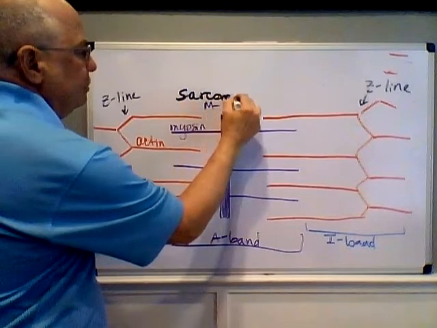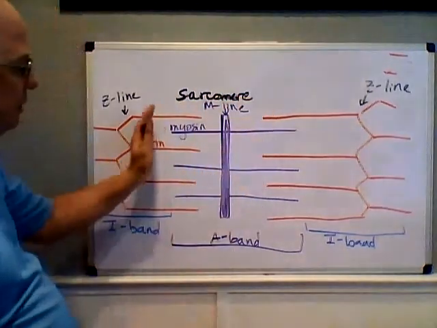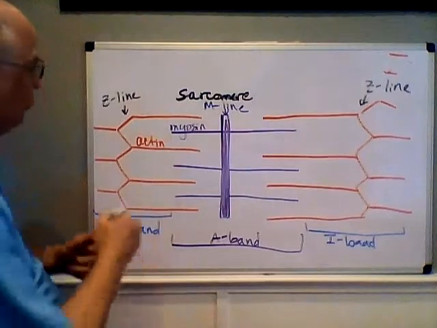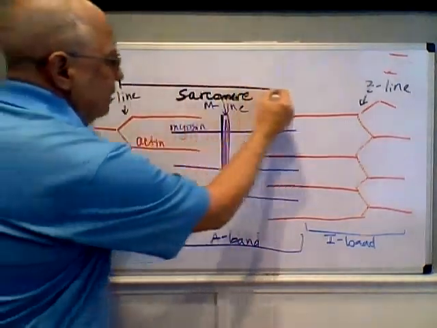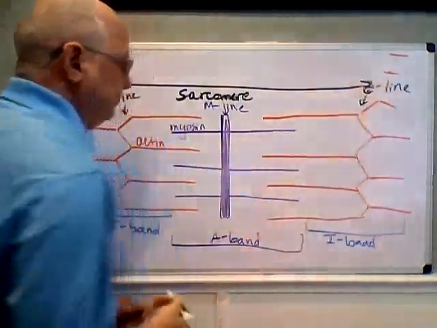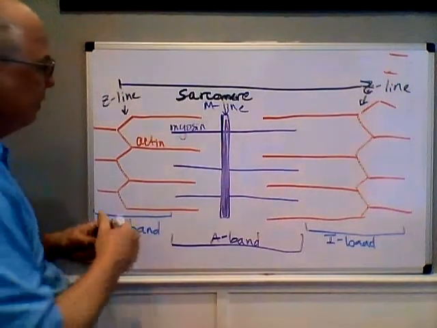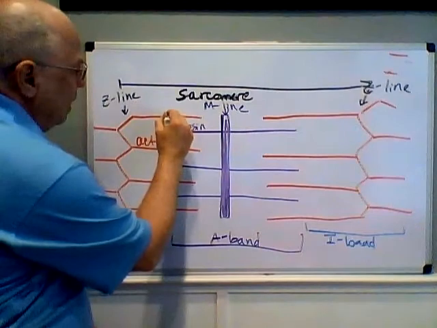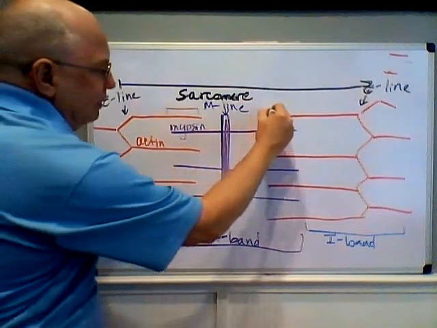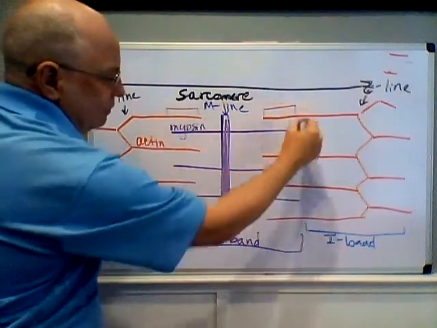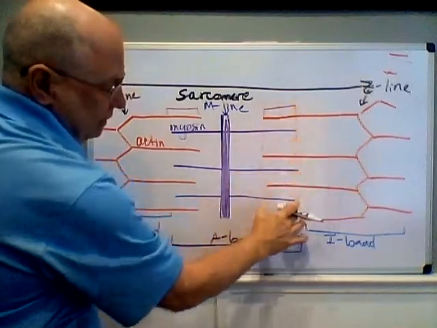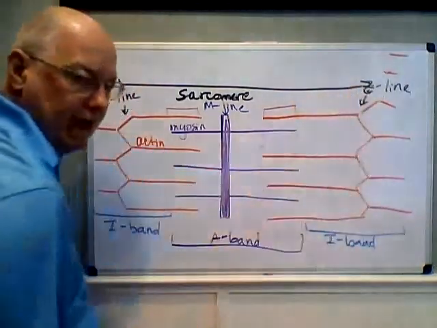So when I look within my sarcomere here, there are different areas of the sarcomere. And again, the sarcomere goes from Z-line to Z-line over here. This area of the sarcomere has both actin and myosin overlapping on both sides here. If I look in this region, I see actin and myosin. In the I-band, I only see actin.